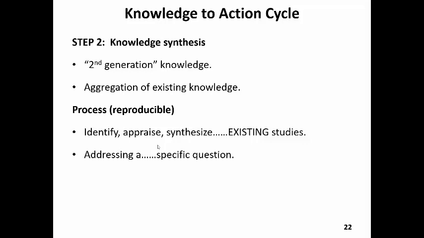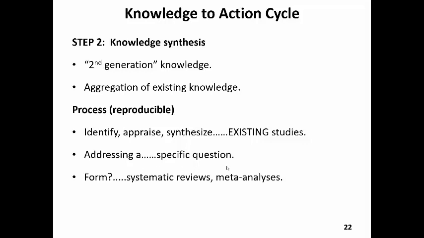And a relevant way of doing that, prior to the identification, appraisal, and synthesizing of those studies, is to do so from a position of asking a specific clinically oriented question.